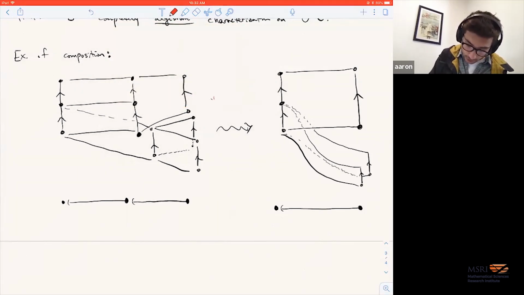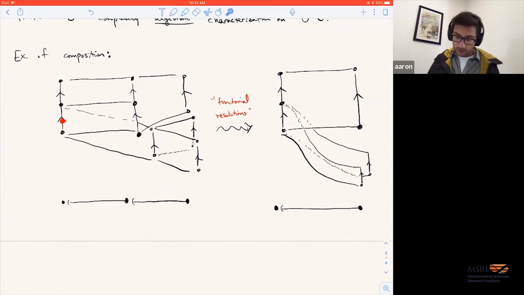The point here is that there's some sort of functorial resolutions happening. For example, this edge right here just got slurped into the fiber over the zeroth vertex. Meanwhile, this splitting that only occurred after a while somehow canonically gets pushed all the way back to being split at the zeroth vertex.